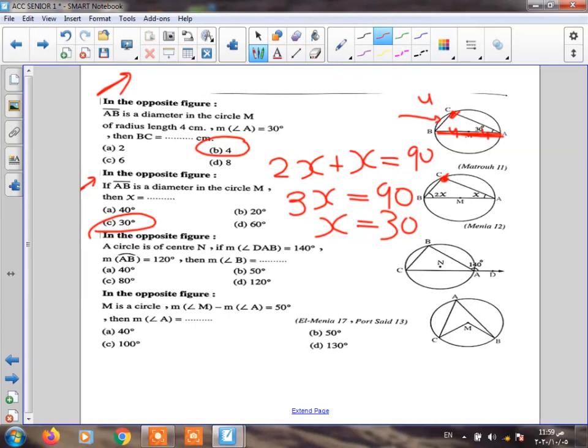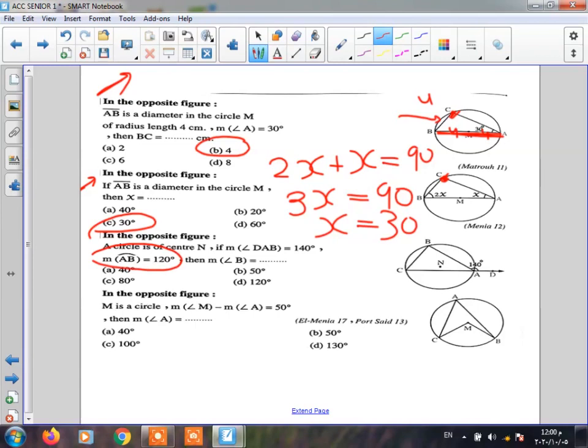So angle B is not a right angle. How can I get the measure of angle B? Simple. The measure of arc AB equals 120 degrees. That means the inscribed angle subtended by the same arc, which is BCA, equals half the measure of the arc, which is 60.